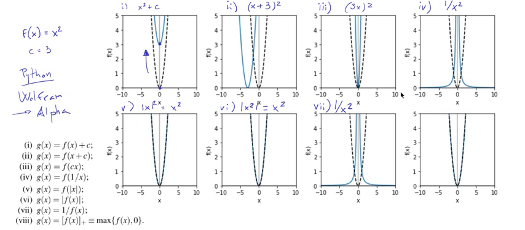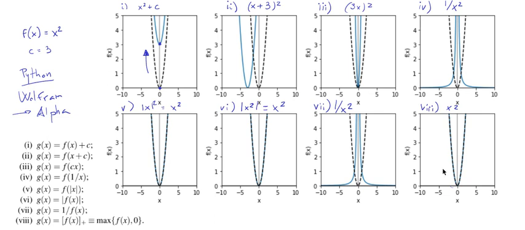And finally, the positive part of f of x is just x squared, because x squared is a non-negative function, since it has 0 here. If you take the positive function values, you will have the same as the original.